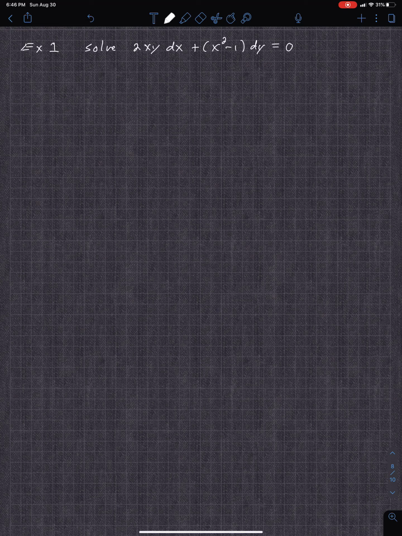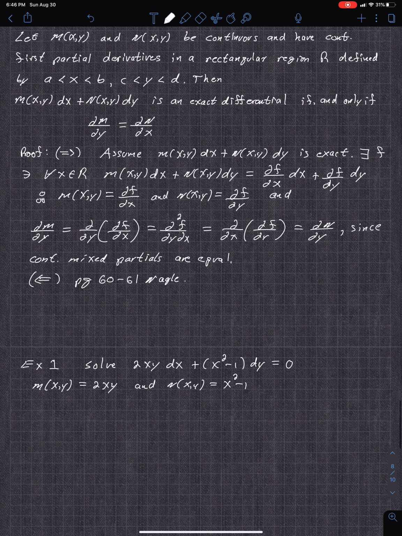Write down your M and your N. M(x,y) is your 2xy, and N is your x squared minus 1. Now you want to check it. This is what you will do to verify that they're exact: you take those partials and see if they're equal.